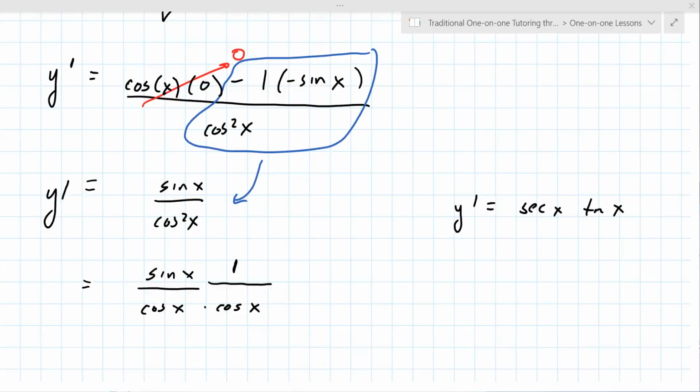So sine over cosine is tangent. Oh yeah. And then 1 over cosine is secant. Oh, okay. That's weird. All right.